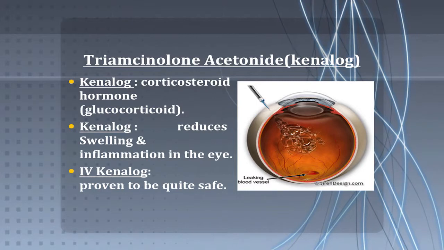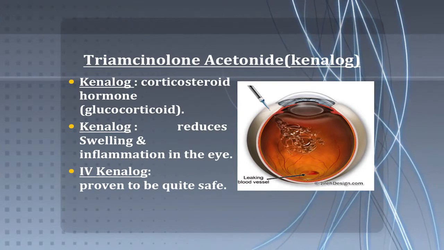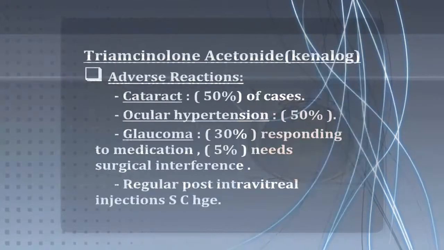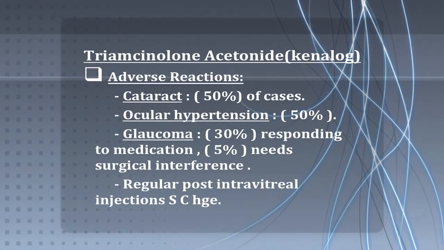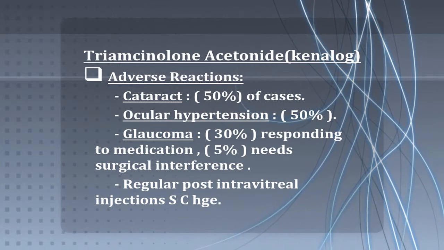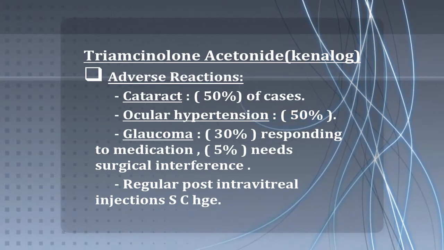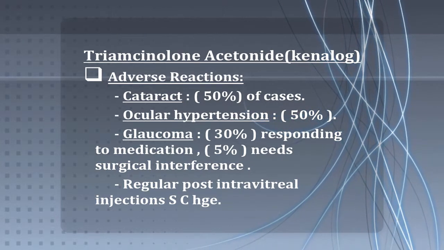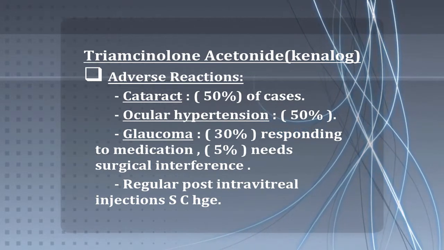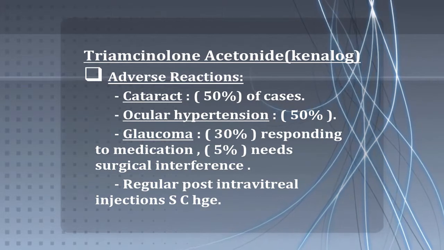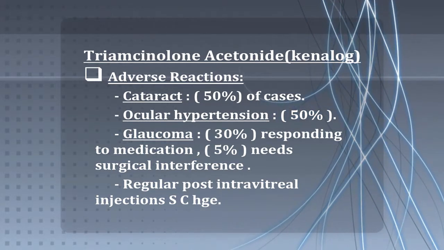Intravitreal Kinalog is proven to be very quiet and safe, but it has a lot of adverse reactions. The most important adverse reactions are cataract, which represents 50% of the cases, and ocular hypertension, which could happen in 50% also of the cases. Glaucoma that needs medication represents 30% of the cases.